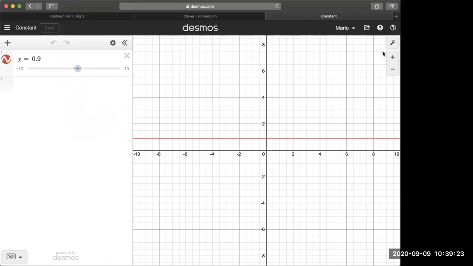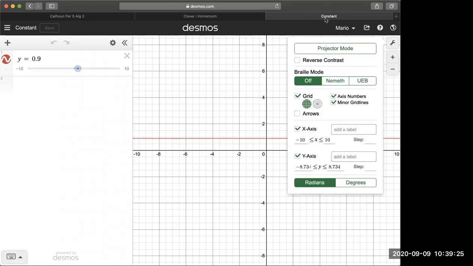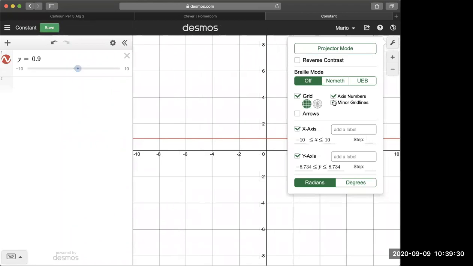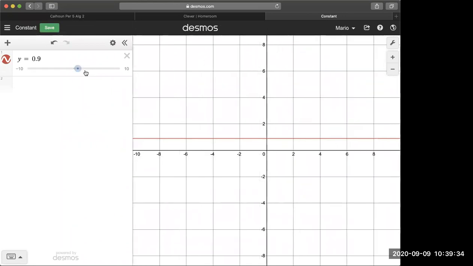Constant functions, let me just change this grid a little bit. When we have a constant function, you're going to have a perfectly horizontal line. Constant functions always are perfectly horizontal lines in the graph. It will not angle, it will not be a diagonal.